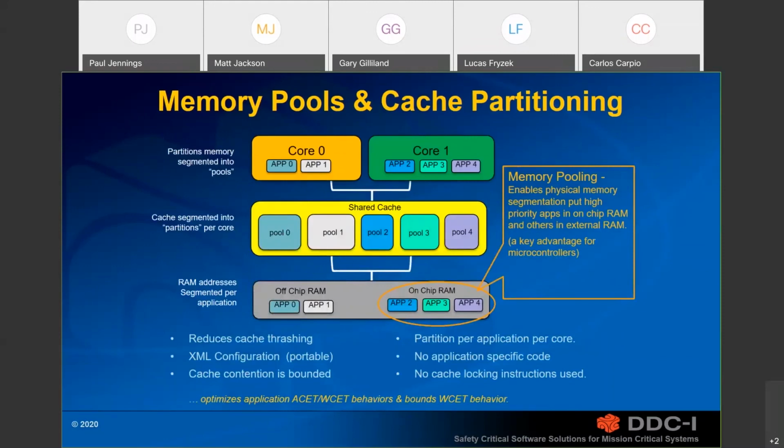So from this picture, you can see that you've got multiple cores with multiple applications. And if you understand how cache works by memory addresses, in a virtual address machine, we get to define which pages of memory are used for each application.